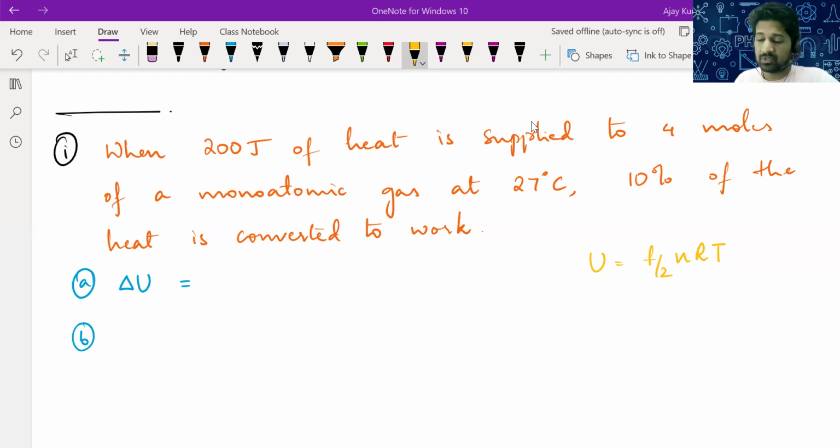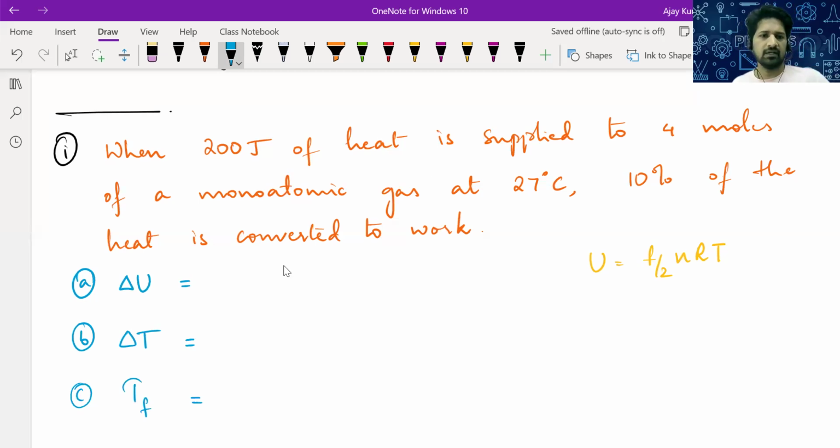Then temperature is the only thing that will change if internal energy changes. So based on the change in internal energy, you should be able to tell the change in temperature of the gas, and also the final temperature of the gas. Try this, all of you.